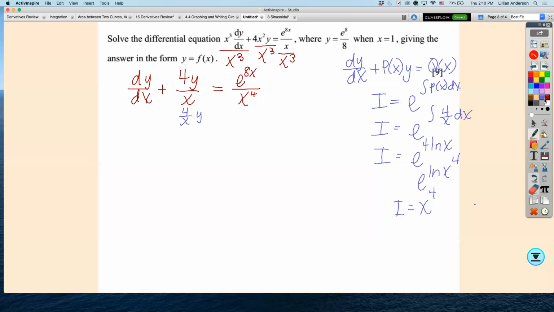Let's head back over here. So how can I use that integrating factor with what I already have that's in the reddish brown color? And then do d over dx of x to the 4 times y equals that x to the 4 again.